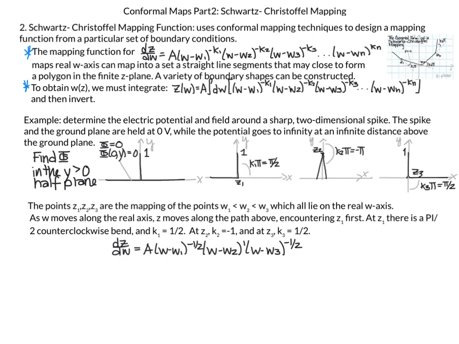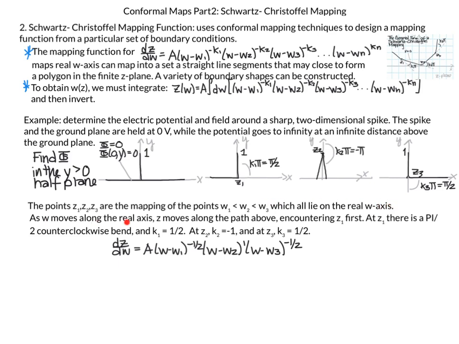This way, I can think of this spike as being some z1, and at z1 we have a change where our phase changes, and then at the top at z2 we have another phase change where we come back down, and then over here at z3 we have a final phase change to give us the angle equal to 0. So these points, z1, z2, z3, are mapped to the points w1, w2, w3, all of which lie on the real w-axis.